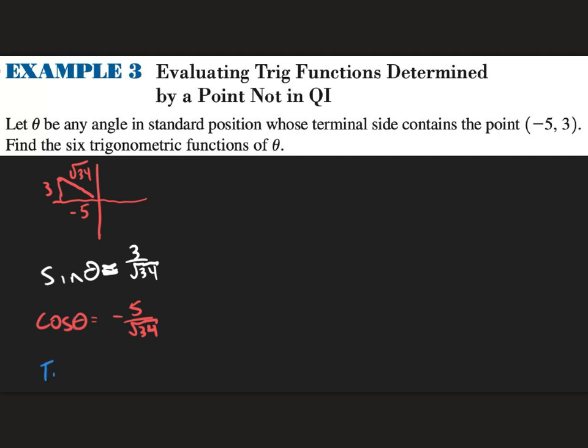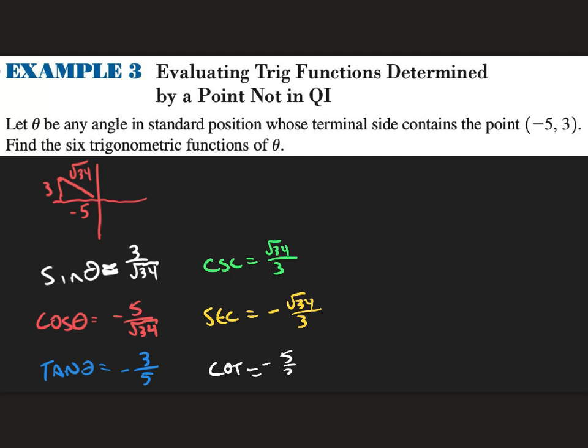The tangent of theta is 3 over negative 5. The cosecant is root 34 over 3. The secant is negative root 34 over 5. And then the cotangent is negative 5 over 3.